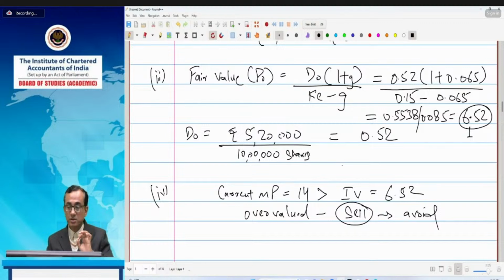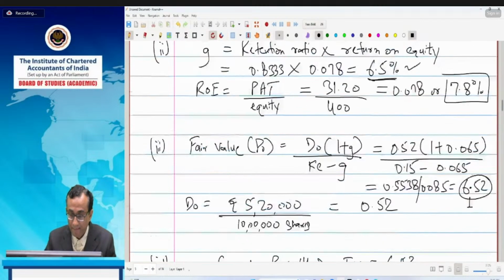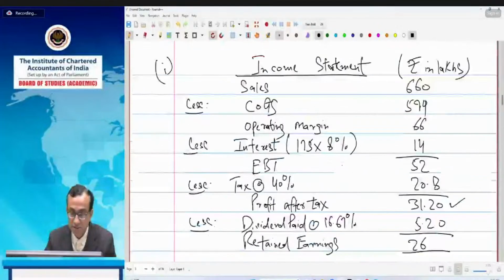Why? Because there is every chance the price will reach 6.52 in the future. At present the current market price is 14, which means it is overvalued. If we now purchase at 14, most likely the share price will fall to 6.52, and there will be a loss for the investor. So the decision of the investor will be to sell because it is overvalued, or if he hasn't invested in the shares of the company, it is better to avoid. So this is what the question is.